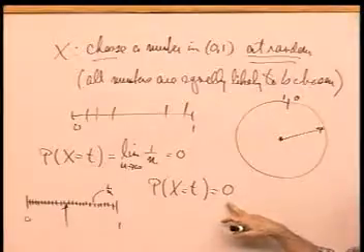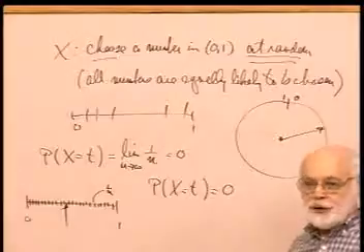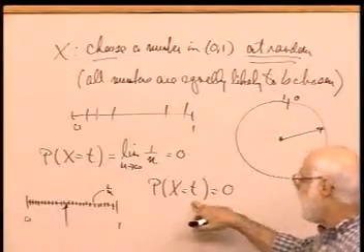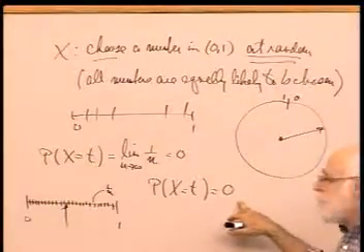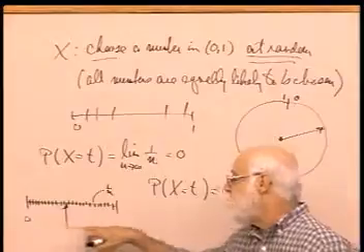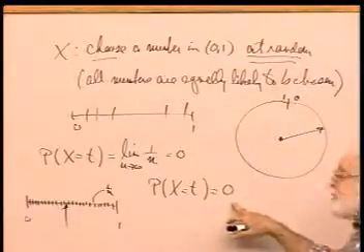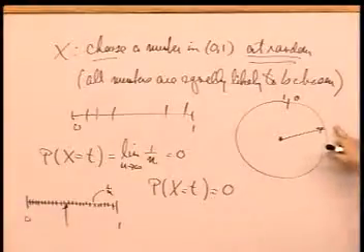But the only thing that makes sense here is to say that the probability that any particular value occurs in advance, if I tell you in advance and ask you the probability for any particular value, its probability is 0 if the random variable takes its values in a continuum. Now, that doesn't mean that it's impossible. After the fact, when I spin this dial, I've gotten some number.